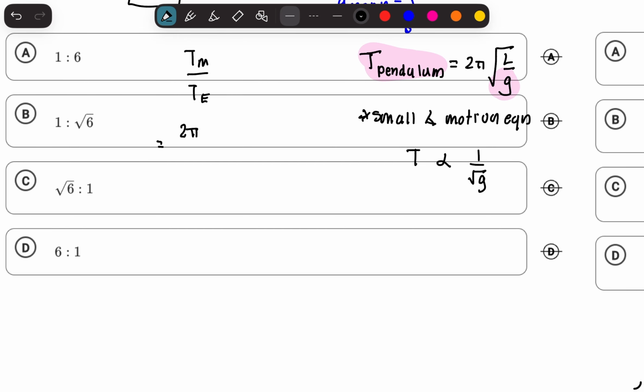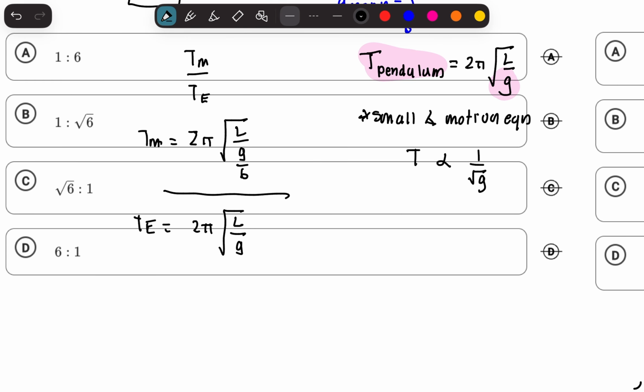So you're going to have 2 pi for Tm, 2 pi over the root of L over g over 6. And for Te, you're going to have 2 pi over the root of L over g.